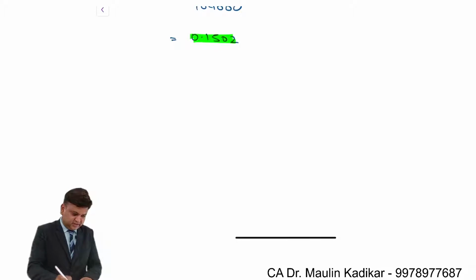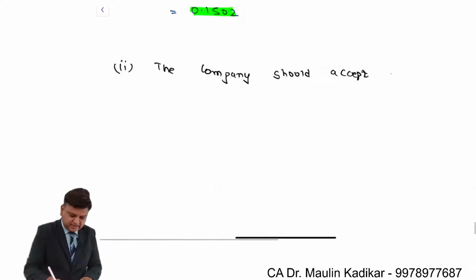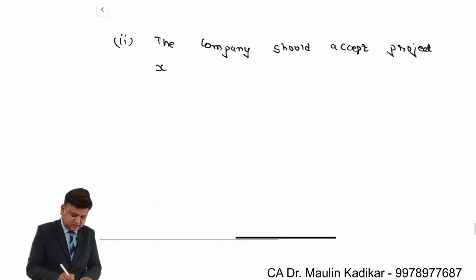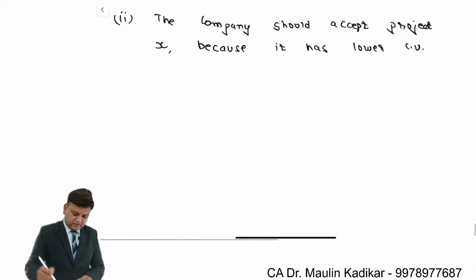So let us answer the second part of the question. The company should accept project X, because it has lower coefficient of variation. Full stop.